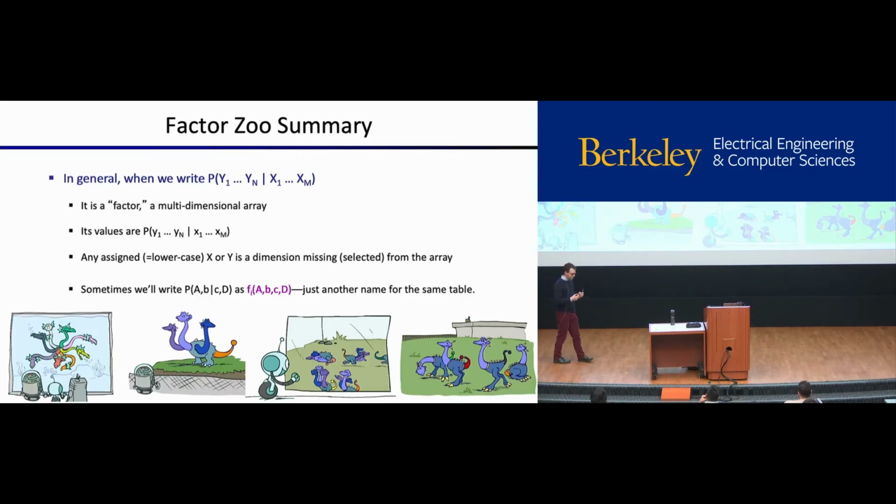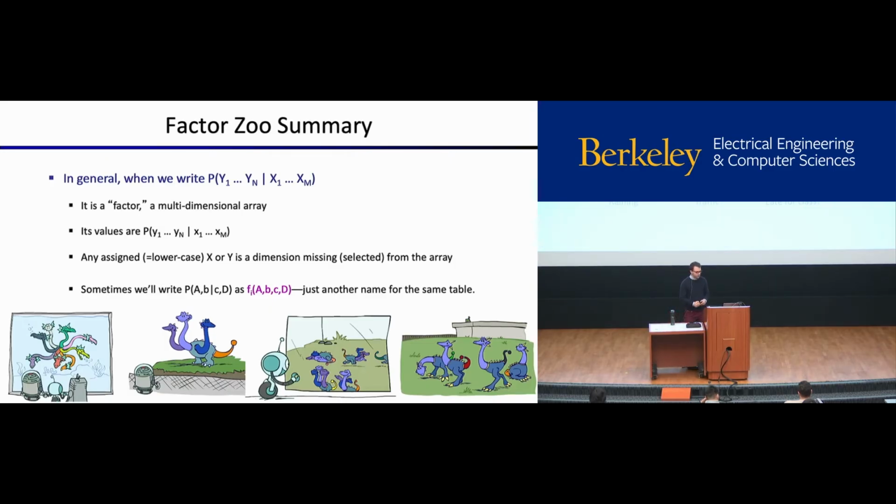All we want to do is keep track of what are all these probabilities that we're multiplying together and what is the shape of this table so that we don't lose track of anything. Okay? So it's just a multi-dimensional array. The dimensionality is determined by the number of capital letters. The sizes of each dimension are determined by the number of values in the capital letter. And we're sort of off to the races. This is what we mean when we say factors. Questions on this?